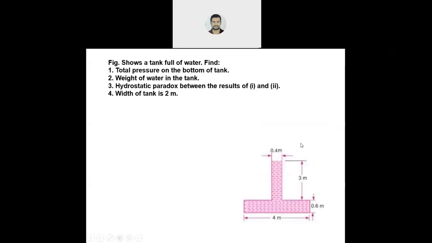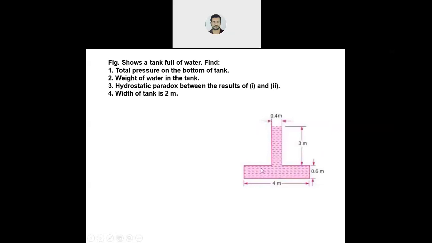Now a question is given to you. You have to find the total pressure on the bottom of the tank. What is the total pressure acting at the bottom of the tank? And the weight of water in the tank. What is the weight of water inside the tank? Now, one more thing: the hydrostatic paradox between the results of 1 and 2.